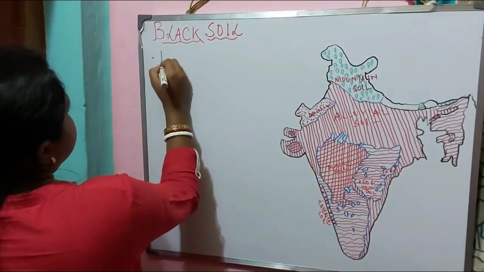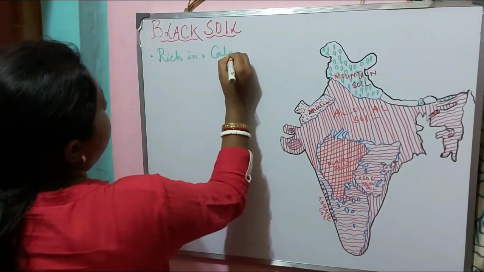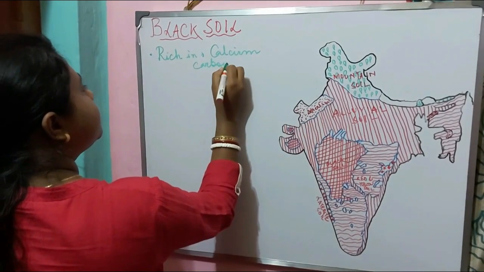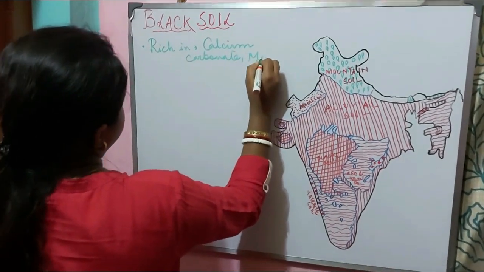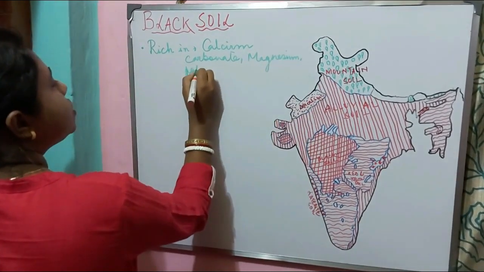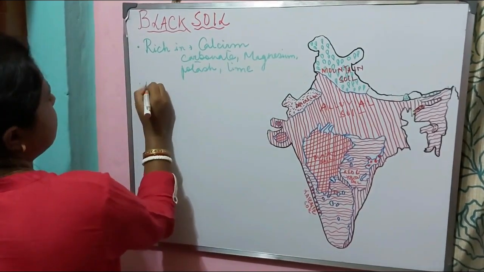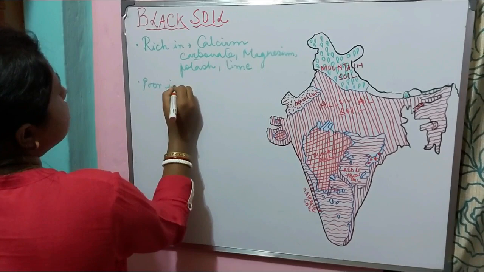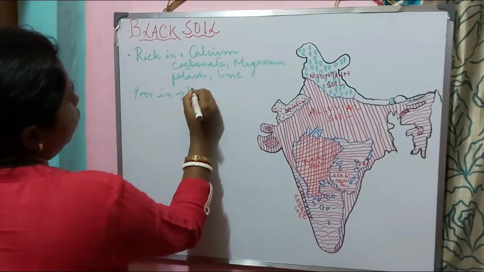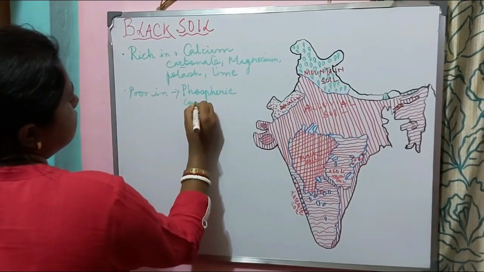Black soil is rich in calcium carbonate, magnesium, potash and lime, but it is poor or deficient in phosphoric content.